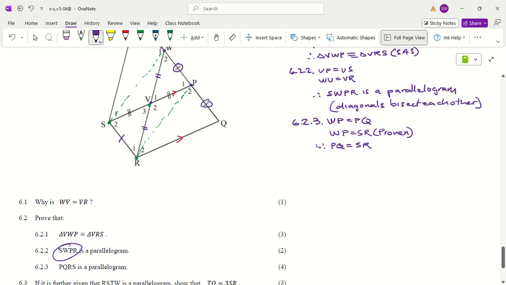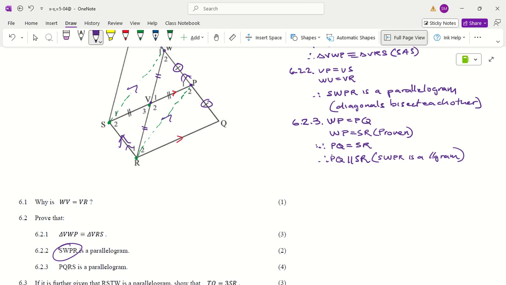So meaning that this side that is not drawn is parallel to this side, and this side is parallel to this side. Therefore PQ is also parallel to SR, because we've proven that SWPR is a parallelogram. And the reason is SWRP or PR is a parallelogram.